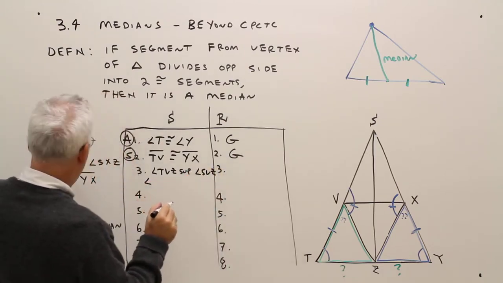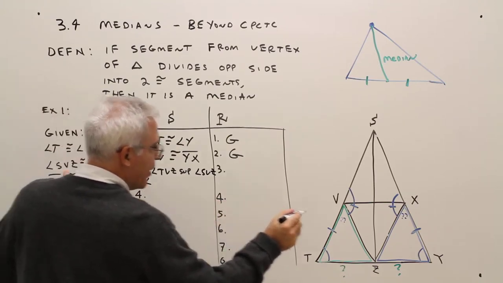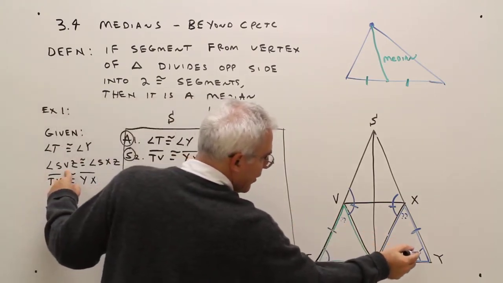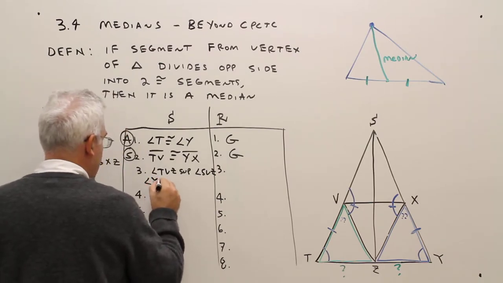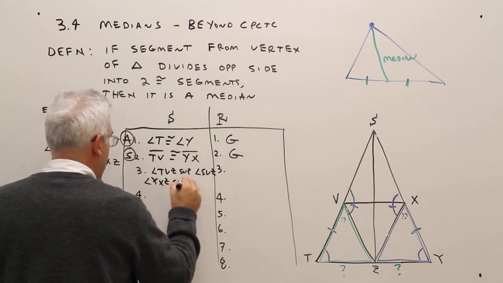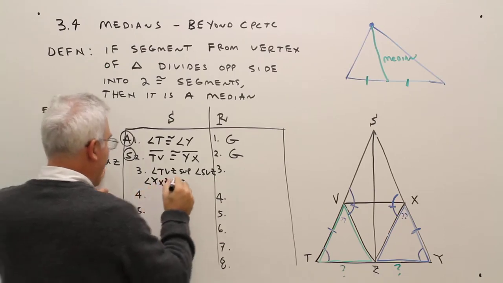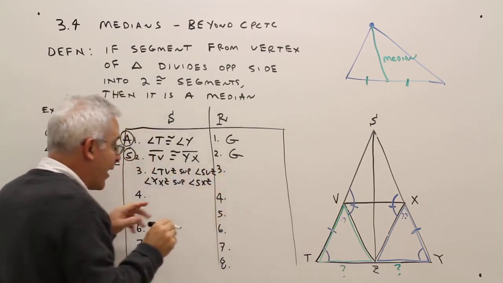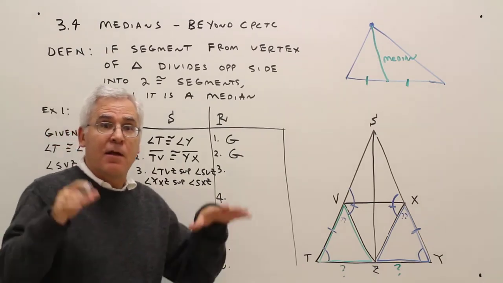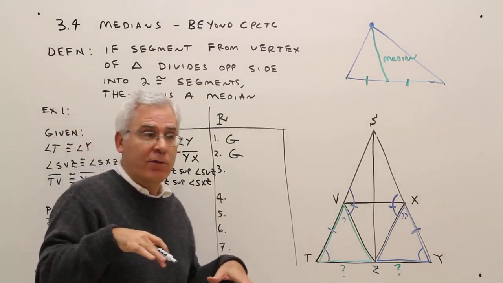And angle YXZ is sup to angle SXZ. And again, my reasoning will be, if the angles form a straight line, they're supplementary.